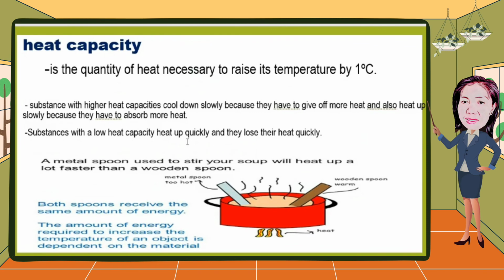Okay? Let's say for example, you are cooking and you are using a wooden spoon and a metal spoon. So, which one heats up faster, the metal or the wooden? The metal spoon, because it has a low heat capacity. Okay, it is easier to heat, but it also cools down faster, its temperature drops lower. The wooden one has a high heat capacity.